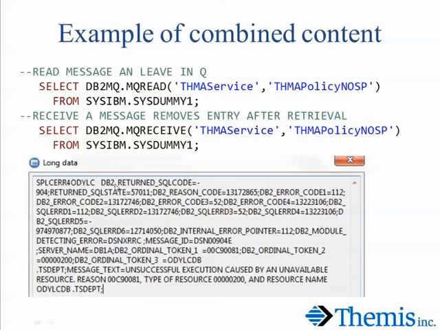So you see your SQL return code, your return state, equals and the value, reason code and the value, the error codes, the, where are we at? Where's my message text? Oh, down here, message text, unsuccessful execution caused by an unavailable resource, reason, resource type, resource name, etc. So what you normally would have seen for an error in DB2. So we've taken that whole big string and just thrown it out there. Then you can manipulate it however you wish to.